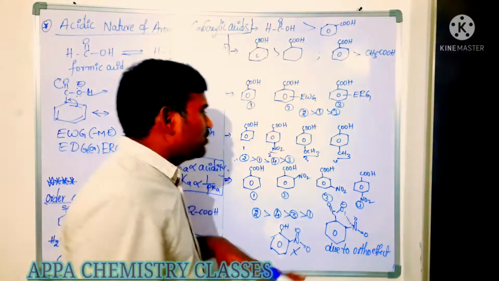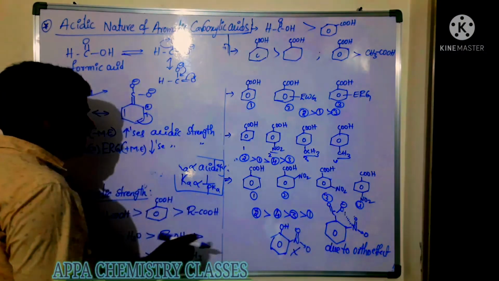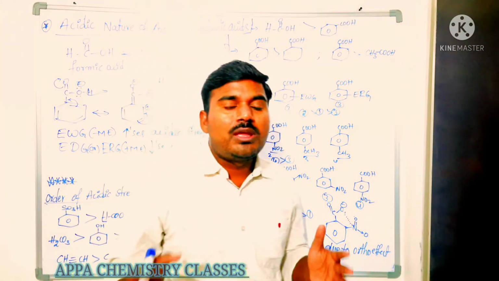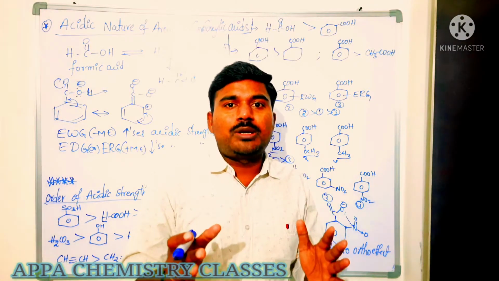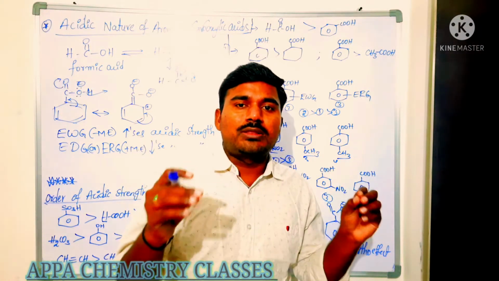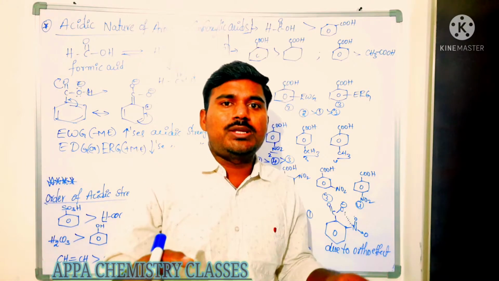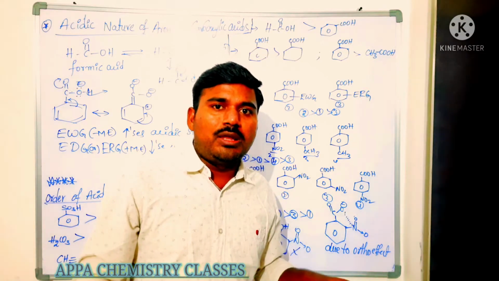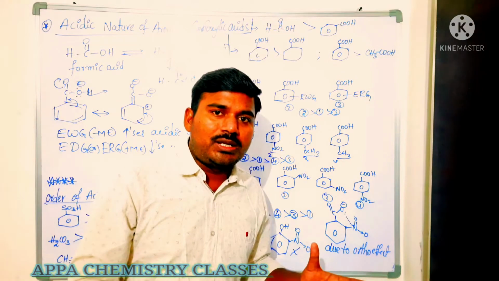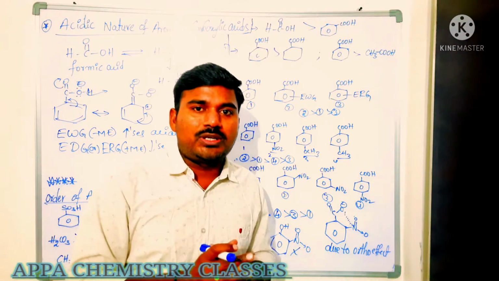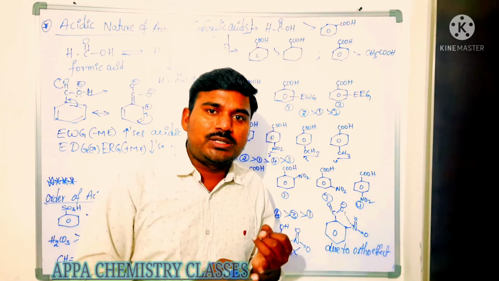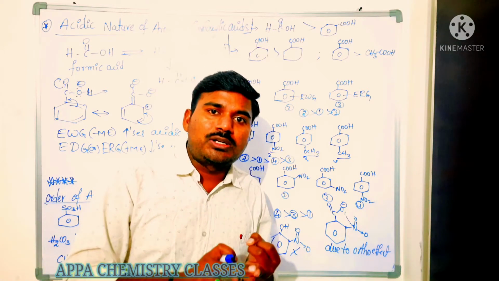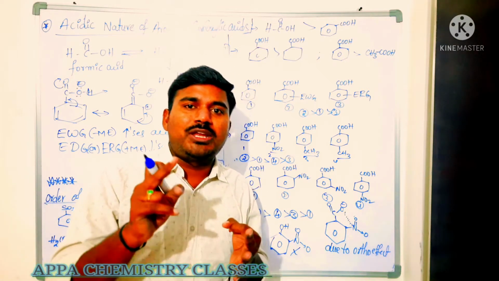Is that clear? So that is due to the ortho effect. What is meant by ortho effect here? Ortho effect in the sense, ortho substituted benzoic acid, that substituent may be electron releasing or electron withdrawing, will have a more acidic nature due to formation of chelation and also the combined effect of steric hindrance, inductive effect and mesomeric effect.